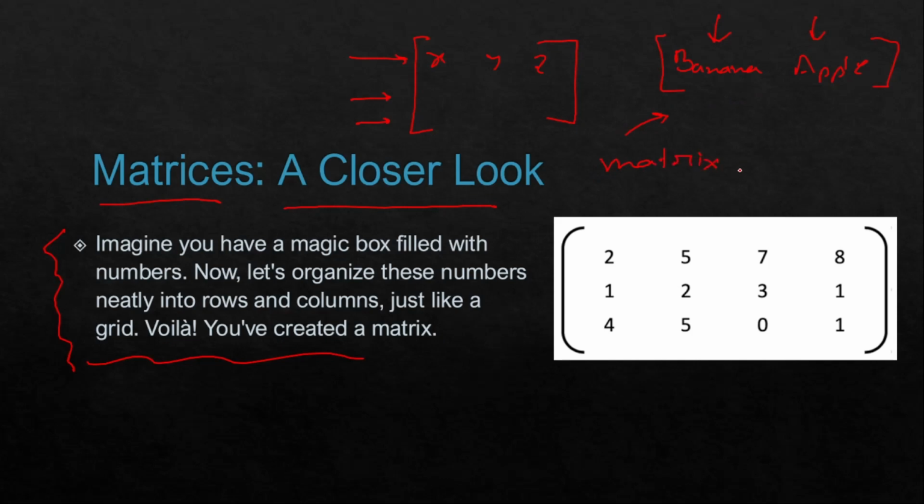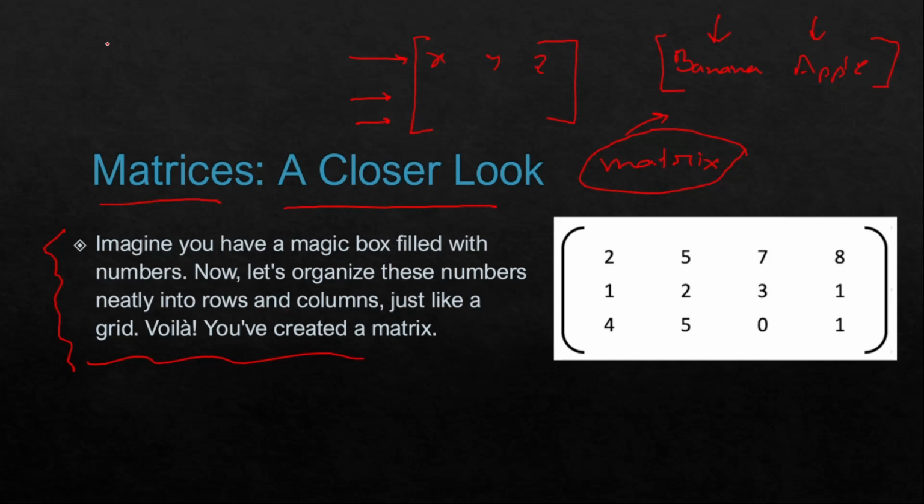A matrix is just a form of organizing data, a form of writing data. Imagine you have a magic box filled with numbers. Now let's organize these numbers neatly into rows and columns, just like a grid, and voila, you have created a matrix.